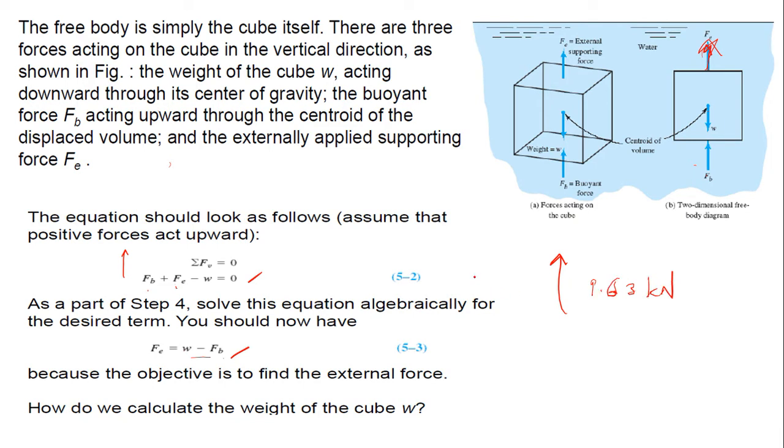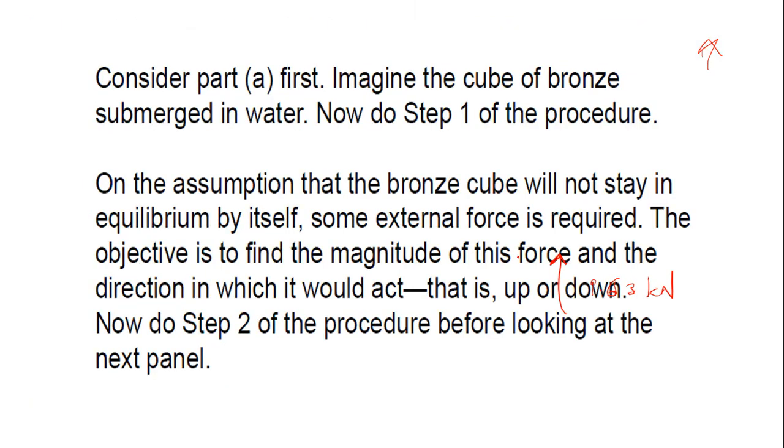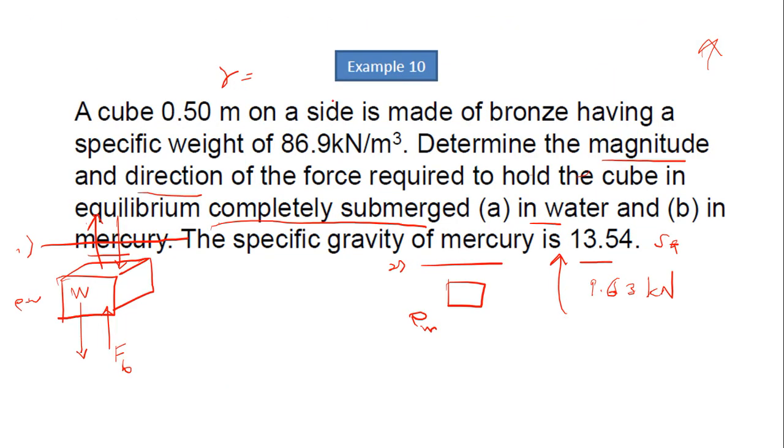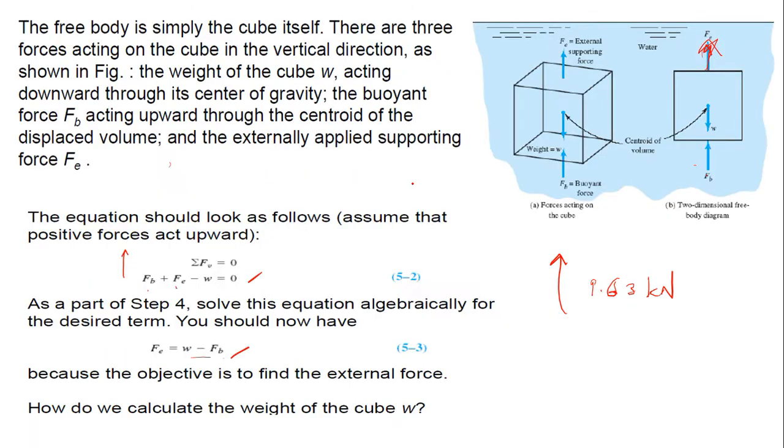Okay, let me ask you about the question. How can you know straight away whether the external force should be upward or downward? When you solve this question, you just assume, whether it is up or down. If the magnitude is positive, then your assumption is correct.